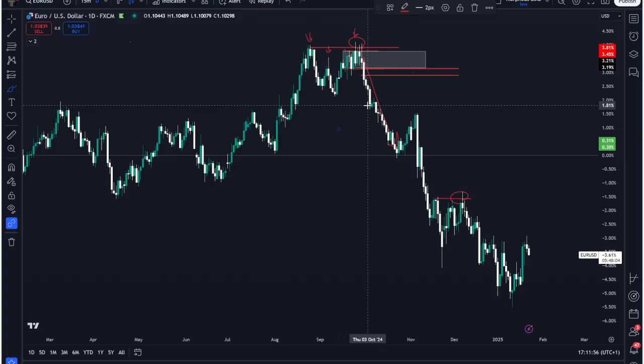So I want a 5 in the chat if everything is clear on how the market is developing a distribution or creating an accumulation. And then we go on. We go to another market to understand that every market is different. And you have to understand the fundamentals behind first, and then you can trade. I see a lot of 5 in chat. Perfect. Let's go on, guys.